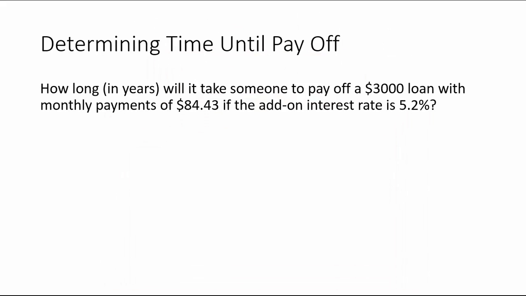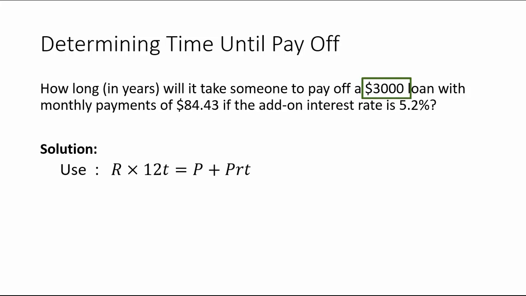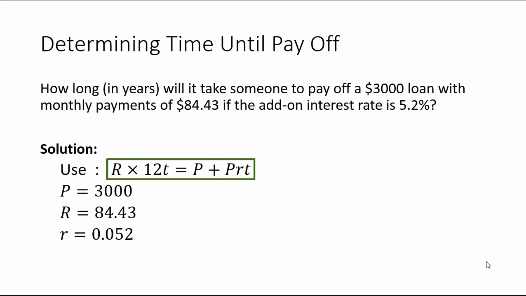For example, how long in years will it take someone to pay off a $3,000 loan with monthly payments of $84.43 if the add-on interest rate is 5.2%? Since we're given the purchase price, P, the regular monthly payment, R, and the add-on interest rate, little r, we're going to use R times 12T equals P plus PrT, where P is 3,000, capital R is 84.43, and lowercase r is 0.052.